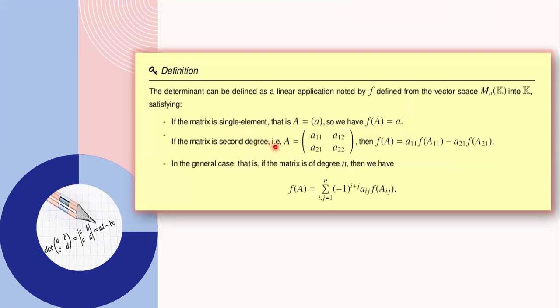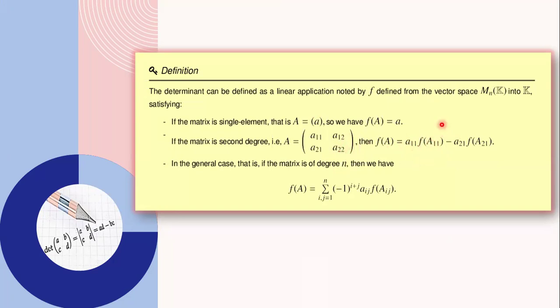Secondly, if the matrix is second degree, here we have the image of A under F expressed as you can see. But what is F of A11 and F of A21? Here, A11 is the extracted matrix by removing the first row and the first column. We obtain the matrix that has one element A22.